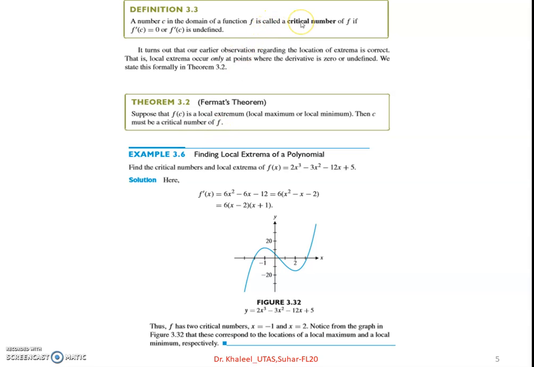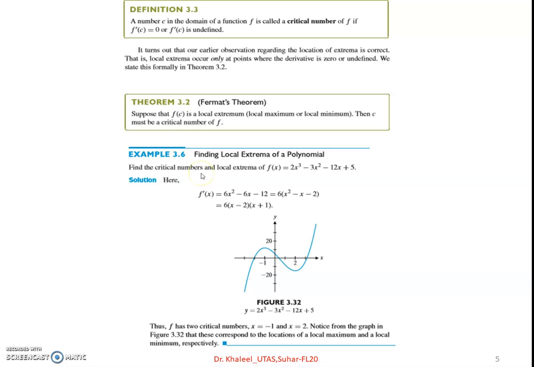So, there is a relation between critical number and local extremum. To find the local extremum, we need to calculate the critical number of the function f, and that critical number must be in the domain of f.